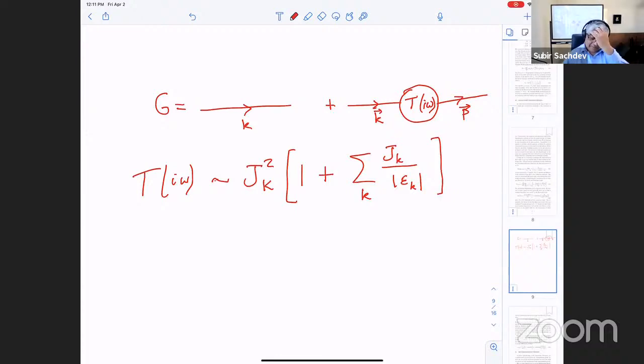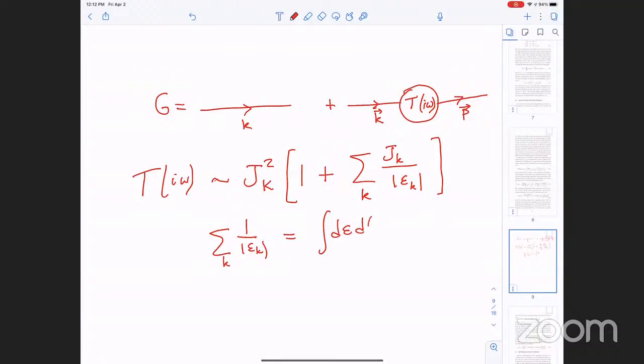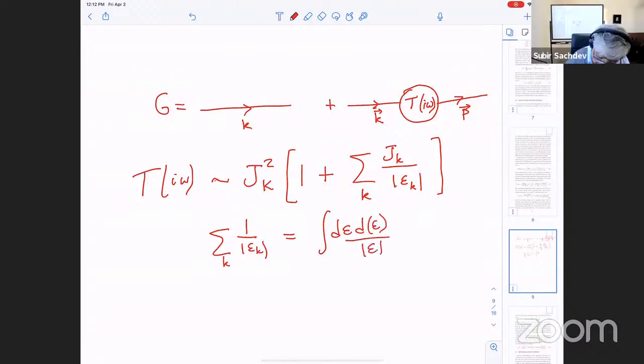Now you can very easily see where the divergence is, because anytime you have a sum over k of any function of E_k, in particular 1 over mod E_k, that's equal to the integral over the density of states, D of E, over mod E. And as usual, we can approximate the density of states by the density of states at the Fermi level, D of 0, in the integral of 1 over mod E. And this integral has an upper bound because there's some finite bandwidth, which I'm going to call D, or the total band is 2D.